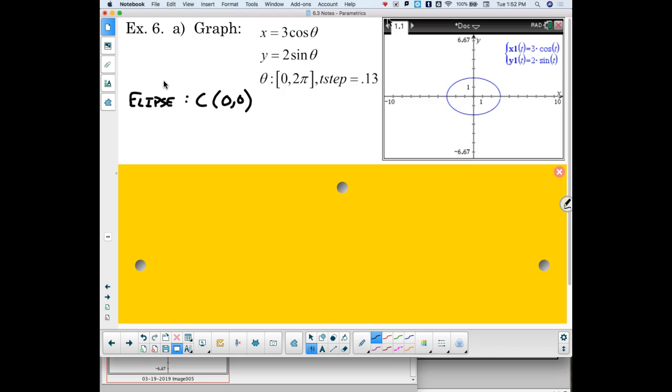It's 2. So is that major or minor? Because in ellipses we talk major and minor axes. That's minor. So the minor axis has a length of 4, right? Because it's 4 all the way across. What else can you tell me? Major axis is 9. Or excuse me, 6, yes.